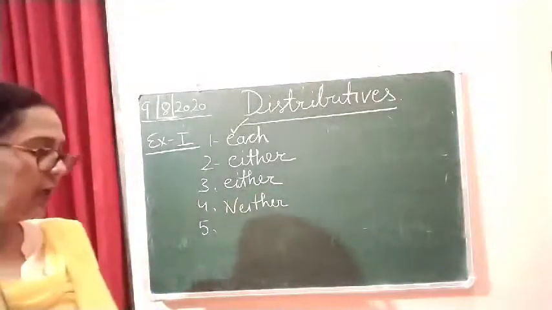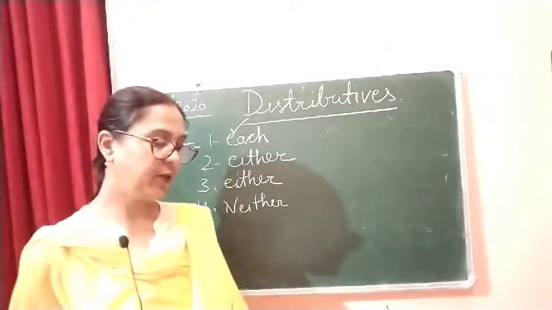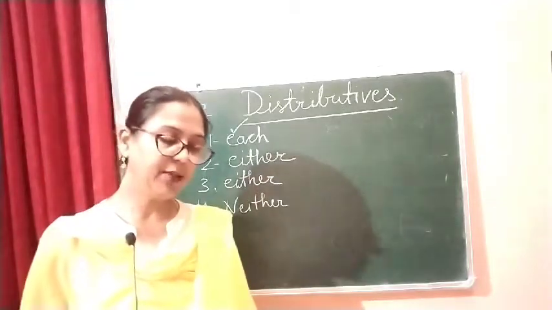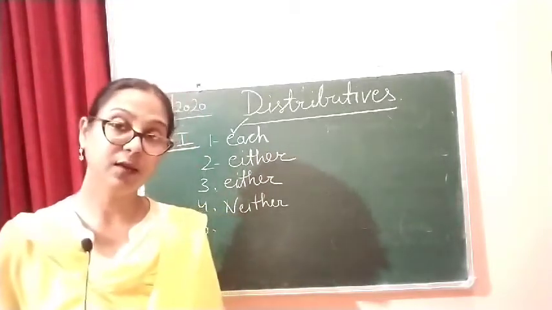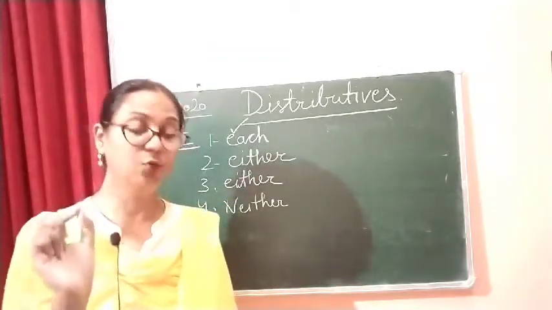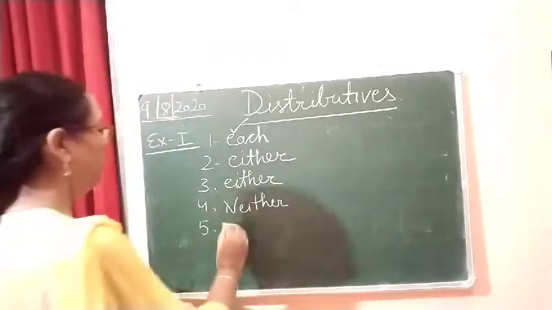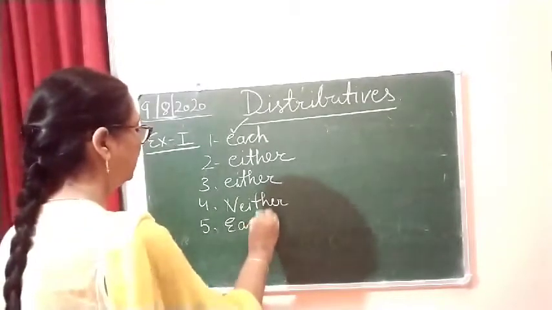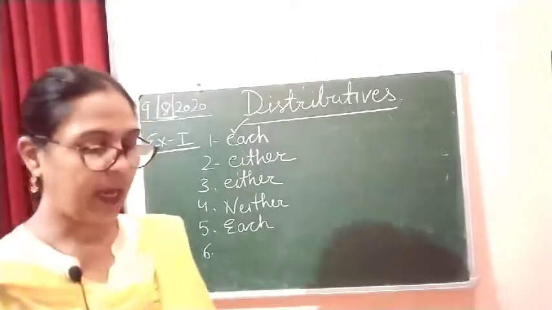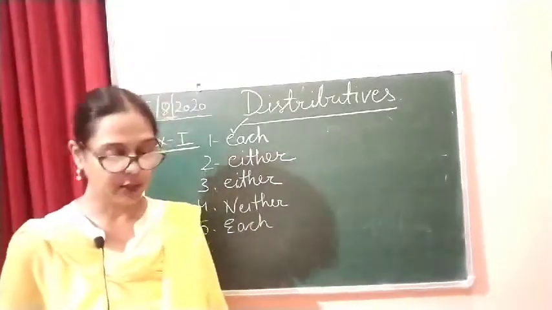Fifth: either, neither, each, every bedroom of the house had a bathroom attached to it. So here we are talking about each bedroom of the house. Now each bedroom of the house has a bathroom attached to it.